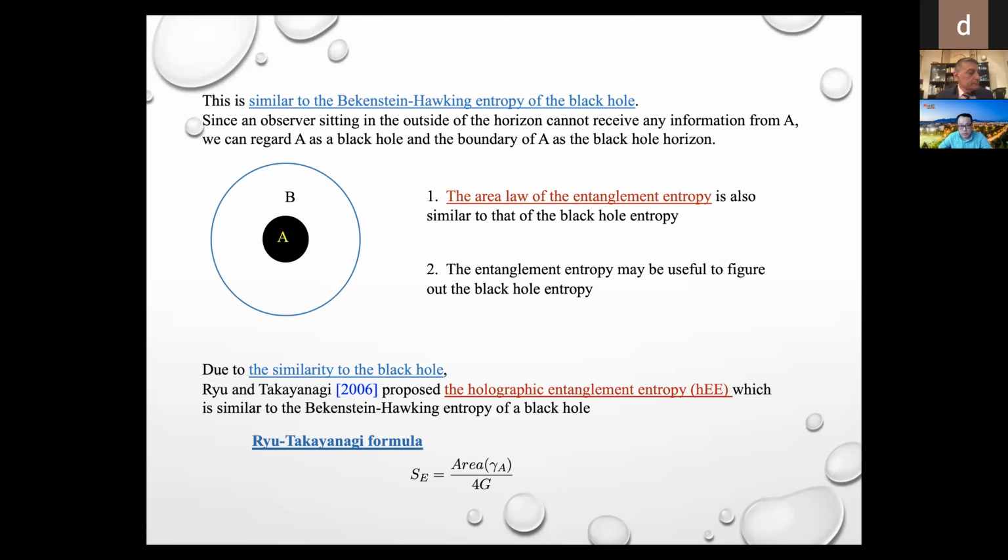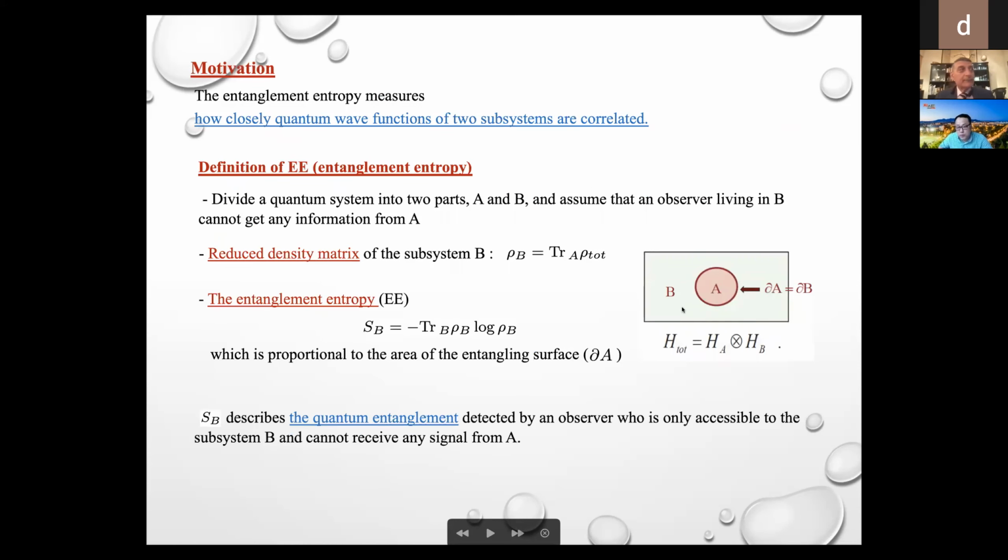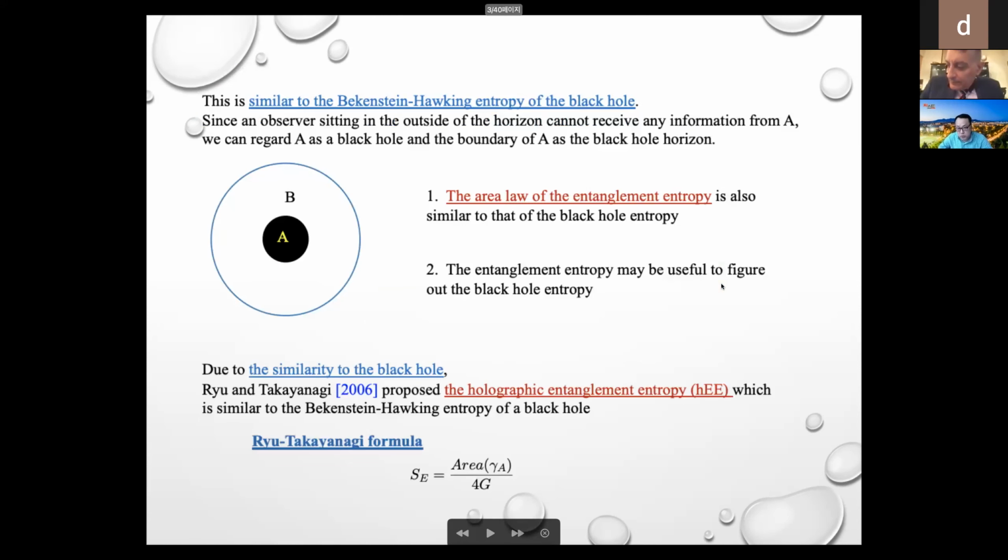When we define entanglement entropy, we say that an observer living in region B cannot receive any information from A. This is very similar to the black hole.